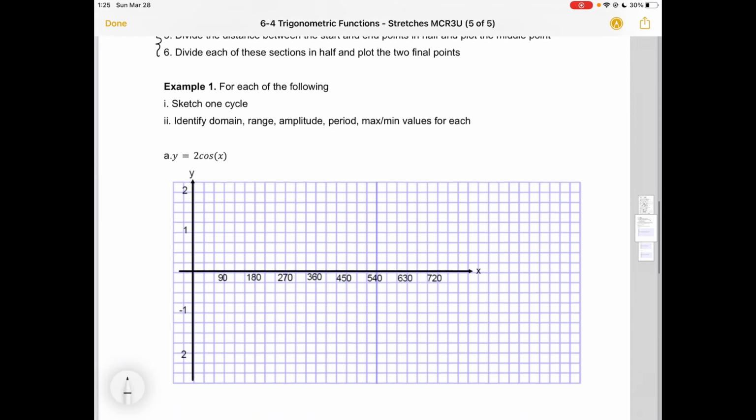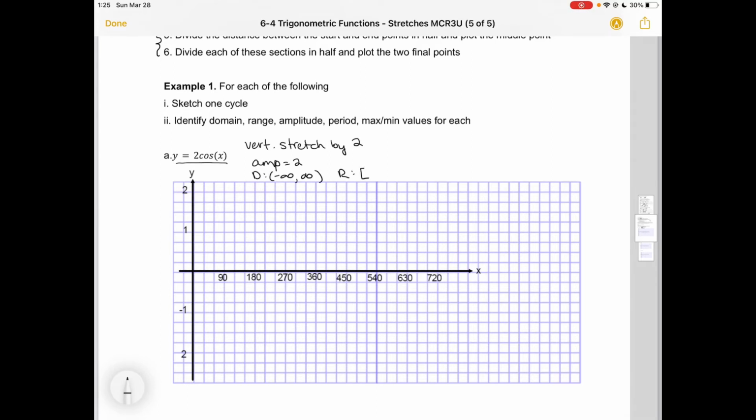So let's go through this example here. We're going to sketch one cycle of the function y equals 2 cos x. So first thing I'm going to notice is that I've got a vertical stretch by 2. That means that my amplitude is equal to 2. My domain has not changed.